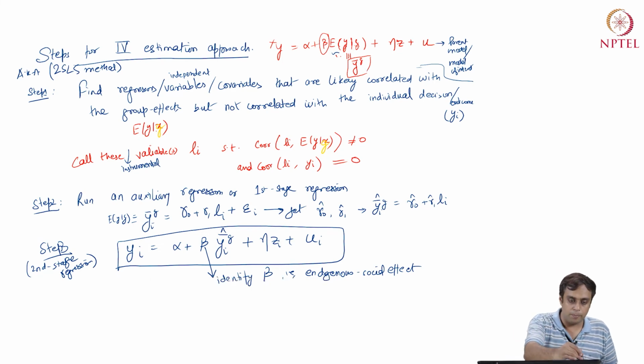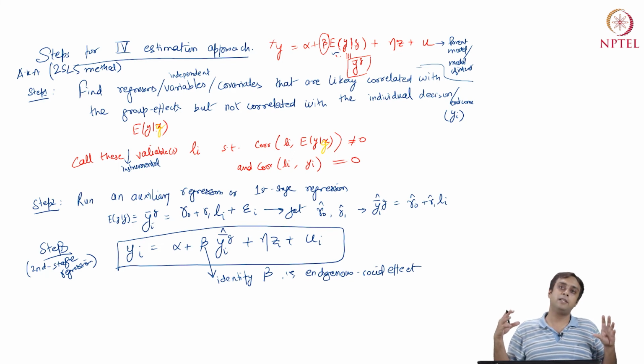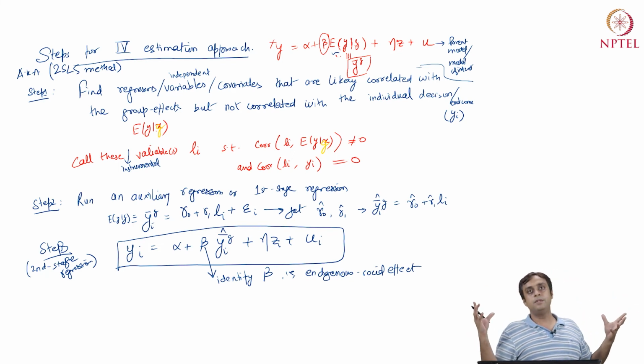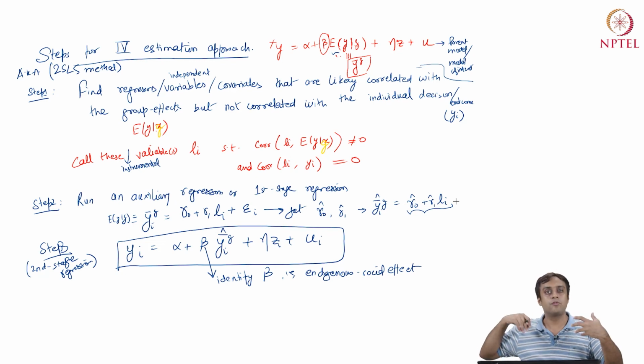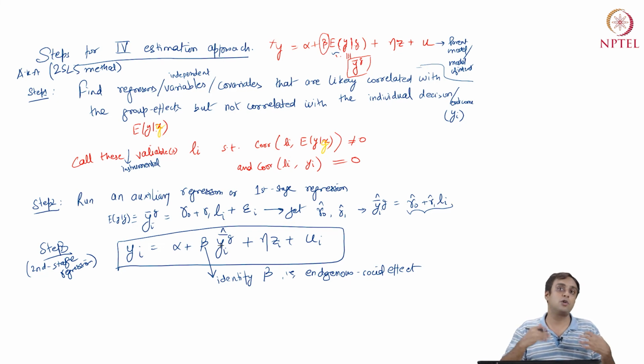Now, the point that I am making here is that instead of using the raw group level data, we use it as a function of an auxiliary variable L_i, which does not directly impact y_i. So, we are trying to reroute the problem of endogenous social effects. We are trying to sort of get away with it. Because we have not used y bar g in its original form, we have also bypassed, or just avoided, the issue of endogeneity.